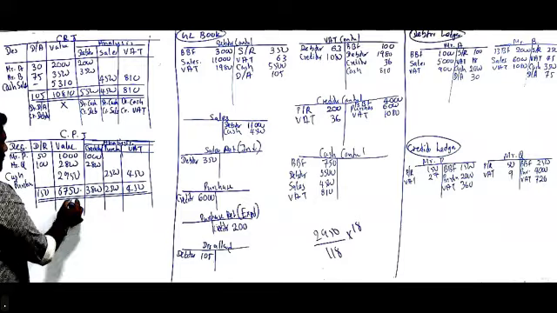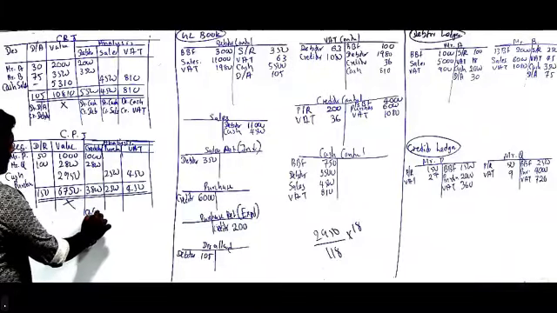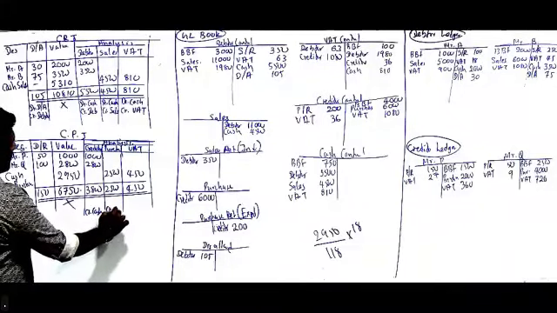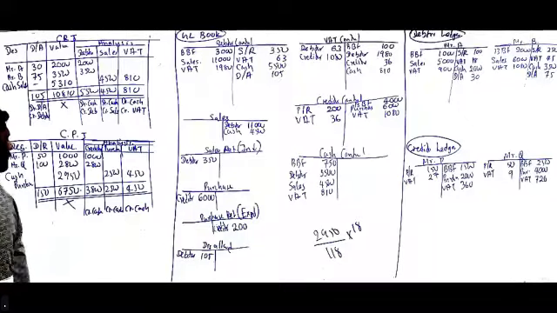This doesn't have a double entry, no? Everything is a cash payment: credit cash, credit cash, credit cash.